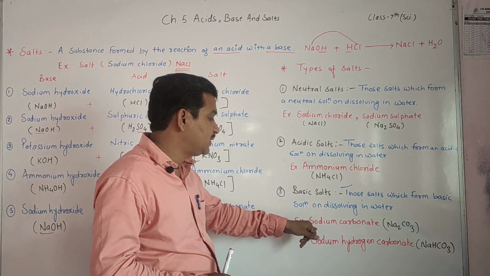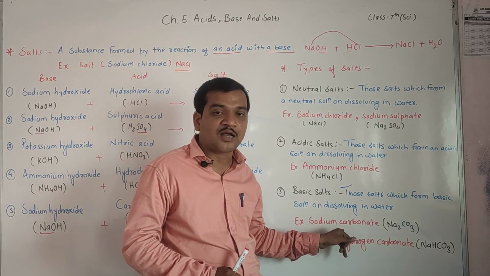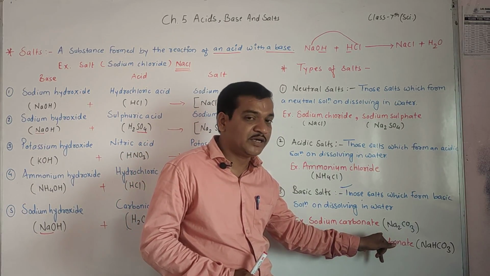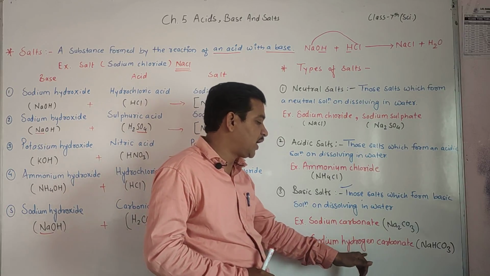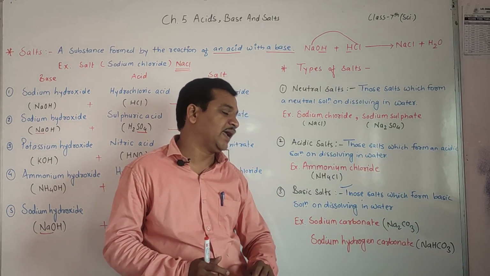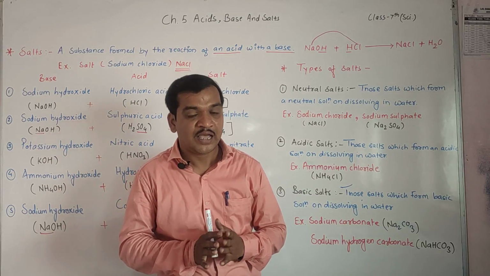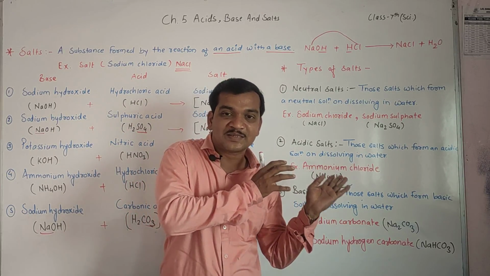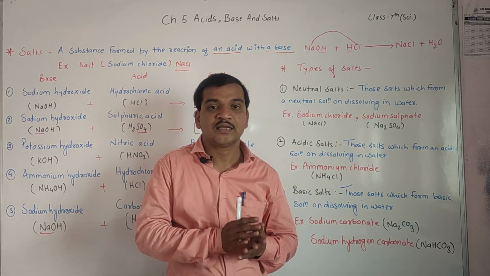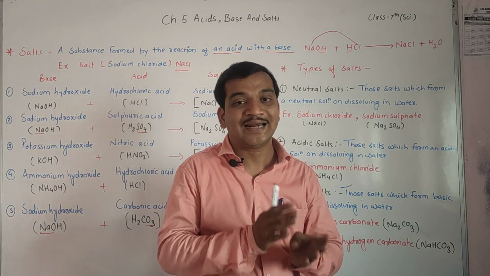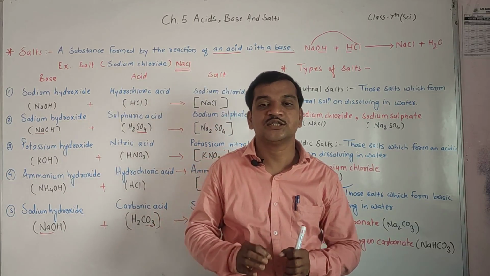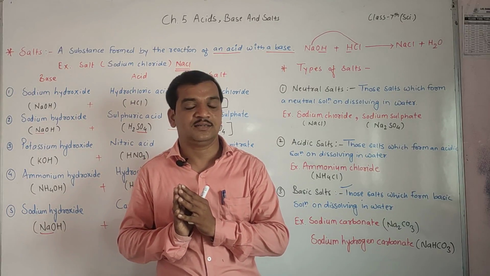Examples of basic salts are sodium carbonate, formula is Na2CO3, and sodium hydrogen carbonate, that is NaHCO3. And in basic solution, red litmus paper turns into blue color.